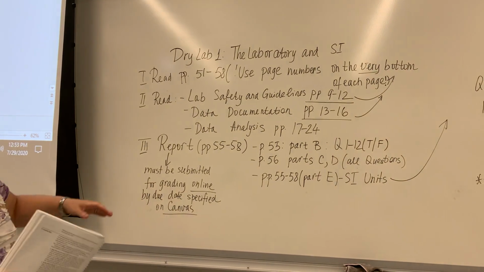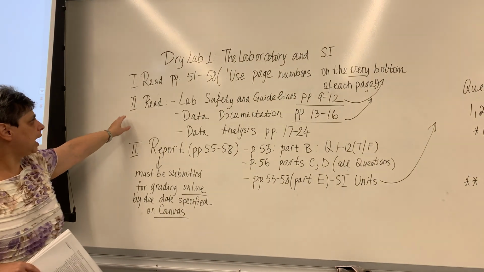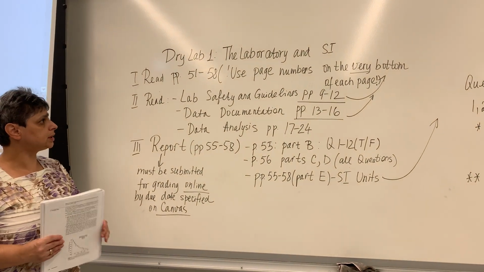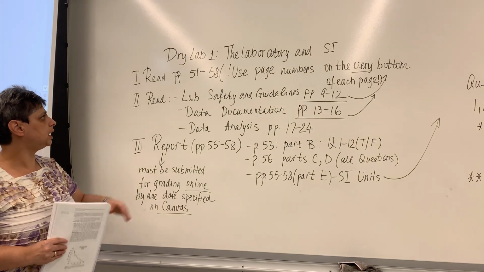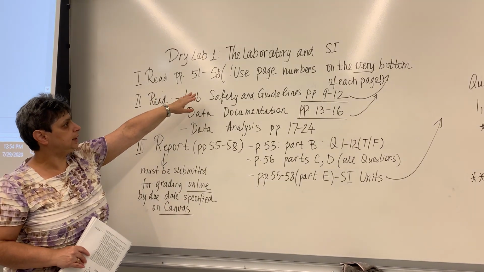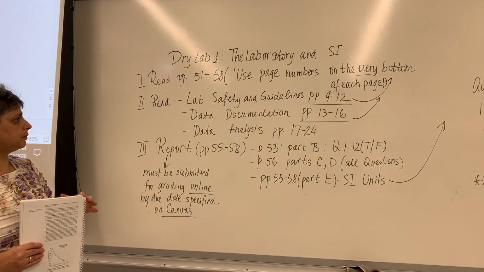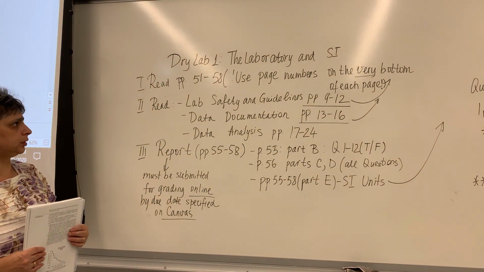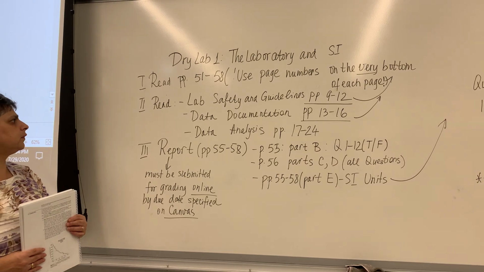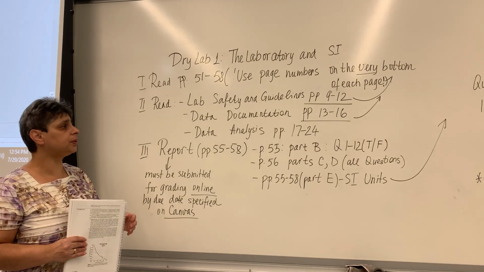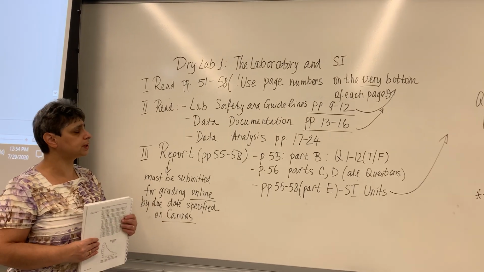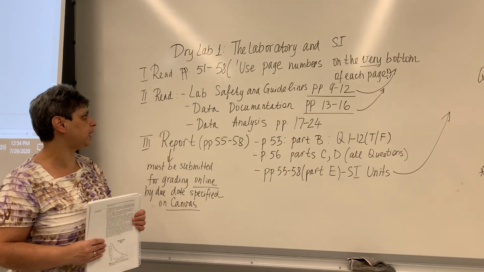Your assignment consists first of reading, and there are several chapters in the lab manual that I'd like you to read. Pages 51 through 58 refer to the dry lab itself, where you will see some examples of how unit conversions should be set up using the unit cancellation method.